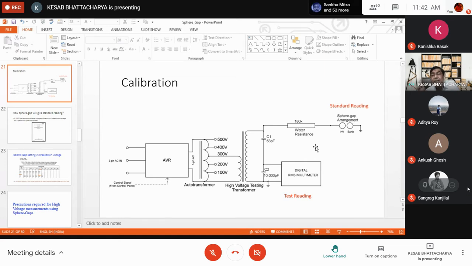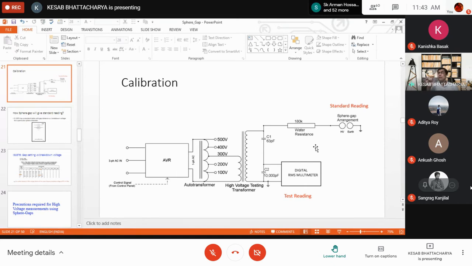For each gap distance, 3 voltages are applied across the sphere so that 3 breakdowns occur at each gap distance.